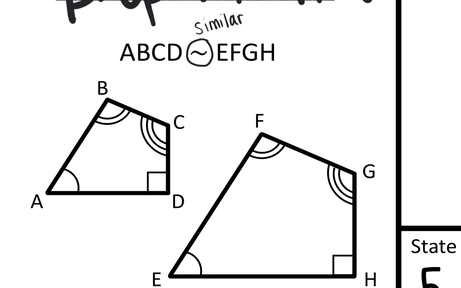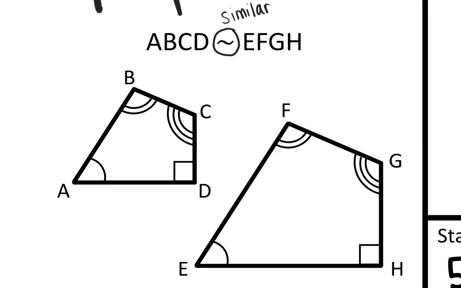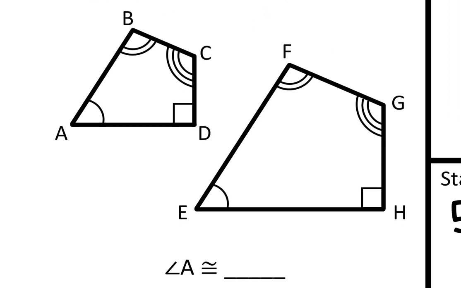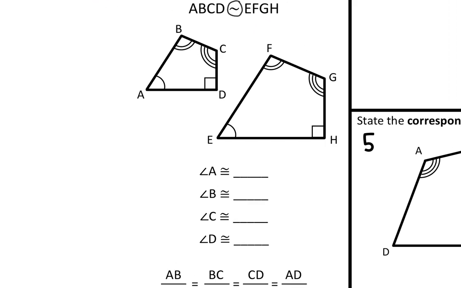All right, so I know they're similar if the angles are congruent, okay? So the corresponding angles must be congruent. So let's look. First thing I'm going to point out here, and I'll do it in red, we have your angle A, okay? And angle A is going to be corresponding with angle E in the other quadrilateral.